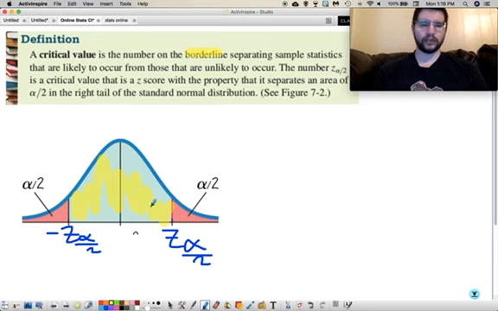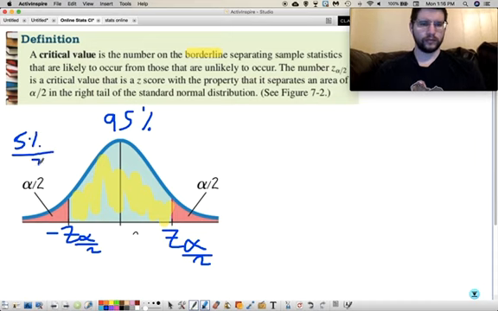Well, this is our confidence interval. So if our confidence interval says 95%, then 95% is between this value and that value. Well, what's on either side of it? It's got to add up to 5% because it has to be 100% altogether. So half of 5% goes over here, and half of 5% goes over here.